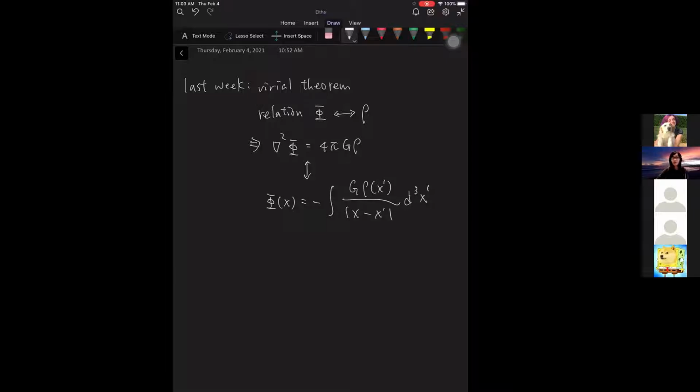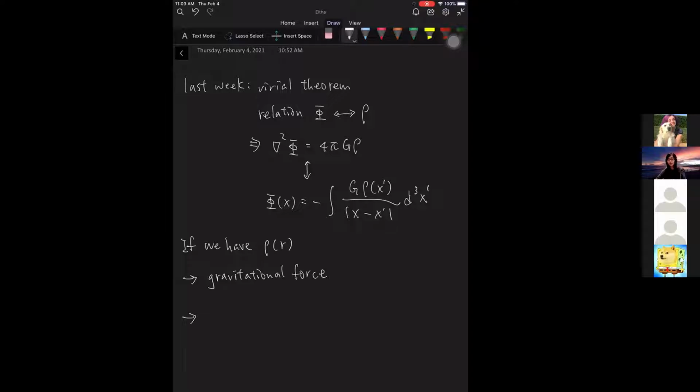And this week, we're going to use this again, but a more complete picture is that if we assume a density distribution rho, then we can calculate the gravitational force.